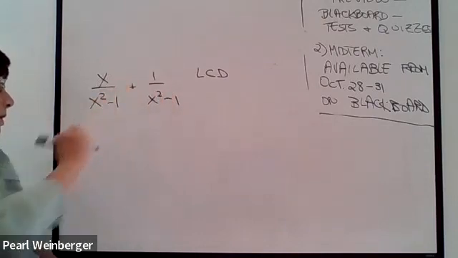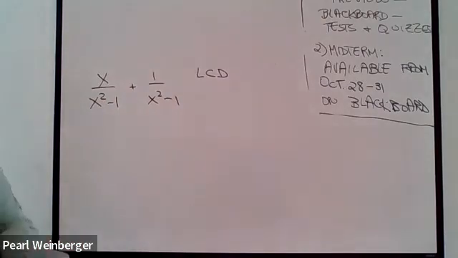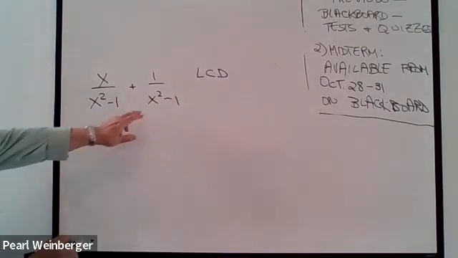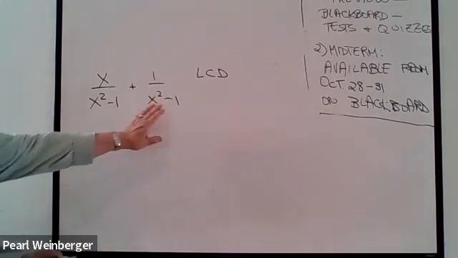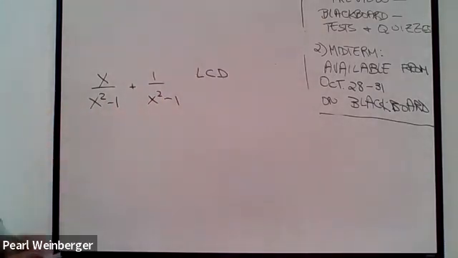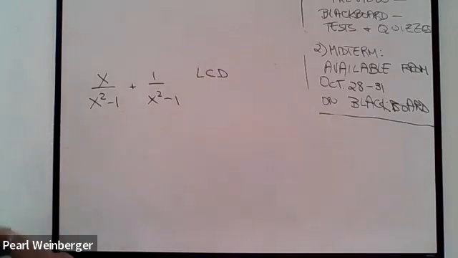Now we're already dealing with rational expressions. Suppose I have these two fractions that I want to add. So just like I did before, I want to see, do I have a common denominator? And yes, I do. They both have an x squared minus 1 as their denominator.